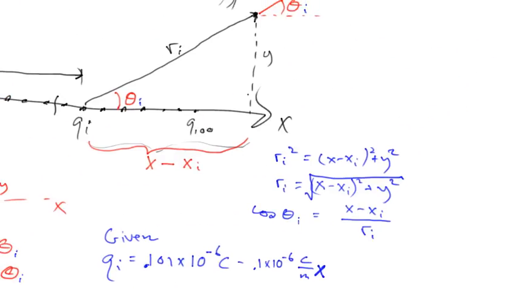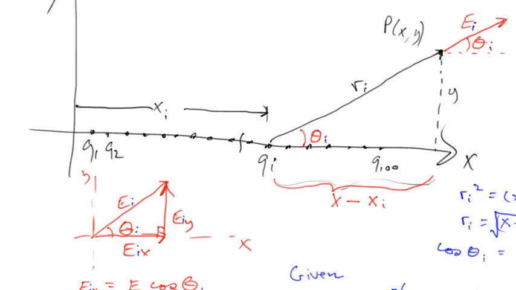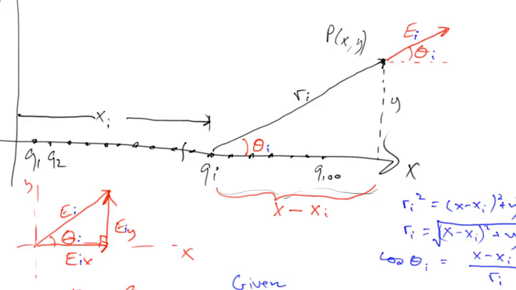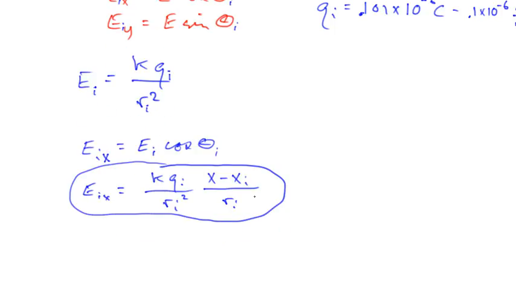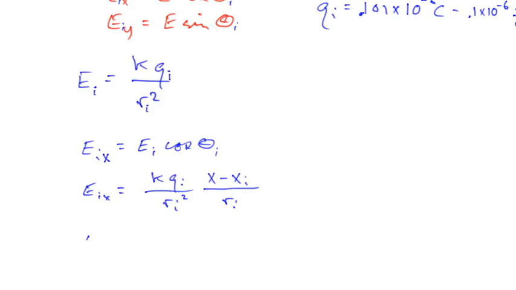So x sub 1, for instance, would be the distance from here out to whatever you chose for x, so x minus x sub 1, and that helps to determine what theta sub 1 would be, and r sub 1, etc. And we do it for 2, 3, etc. I'm going to simplify this just a little bit.